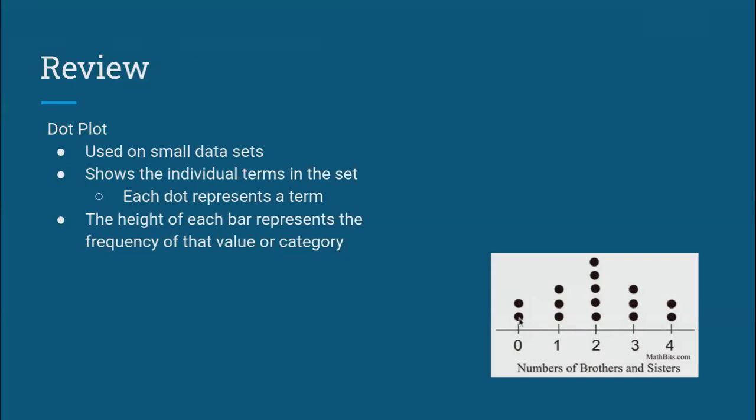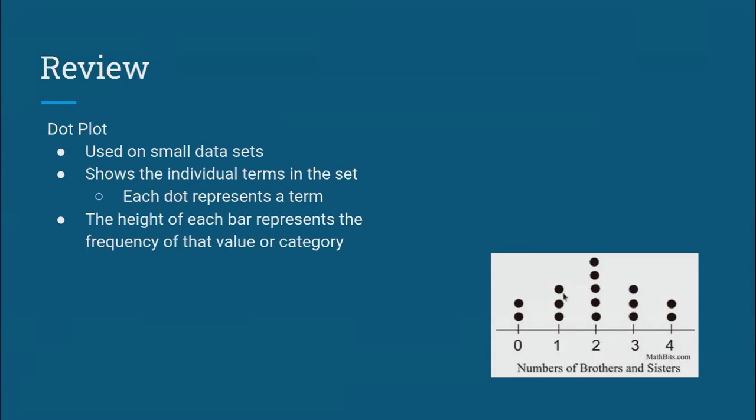there are 2 people who are only children. There are 3 people who have either one brother or sister. There are 5 people who have 2 siblings. There are 3 people who have 3 siblings, and there are 2 people who have 4 siblings.